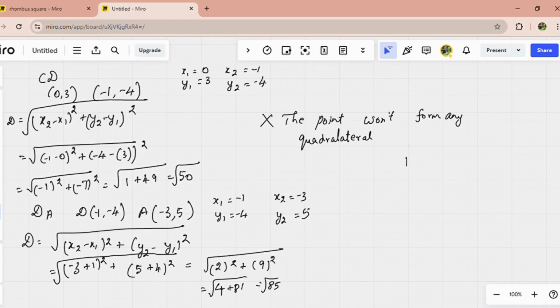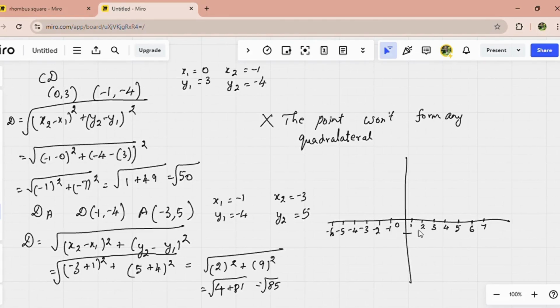Now if you take the y-axis, this is the x-axis, origin, 1, 2, 3, 4, 5, 6. This is the negative side, minus 1, minus 2, minus 3, minus 4, minus 5, minus 6.